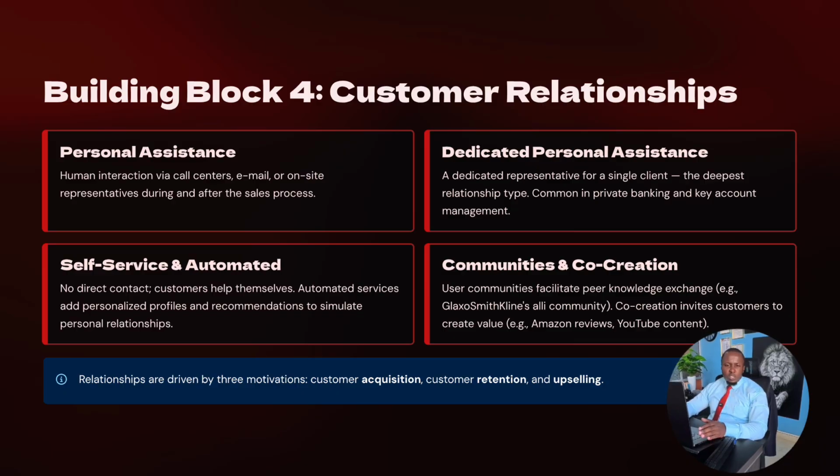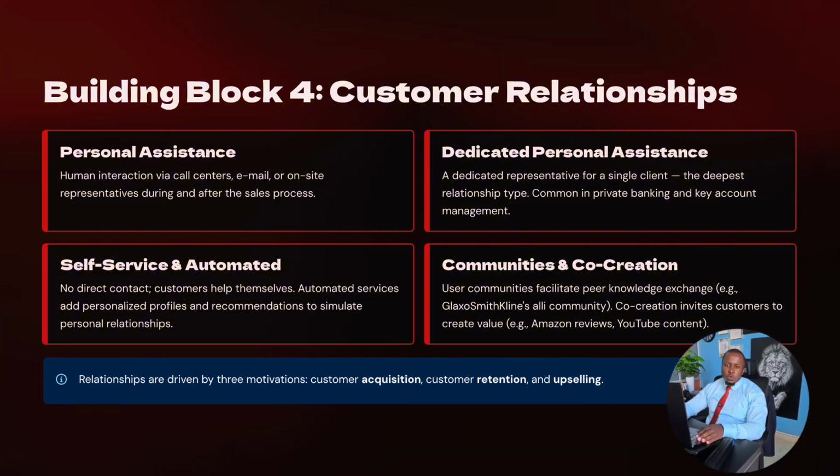Let's proceed now to the fourth block, which is customer relationships. For customer relationships, different businesses form different levels or types of customer relationships between them and their customers. These can be categorized in different forms or styles, where we'll look at four main customer relationships.